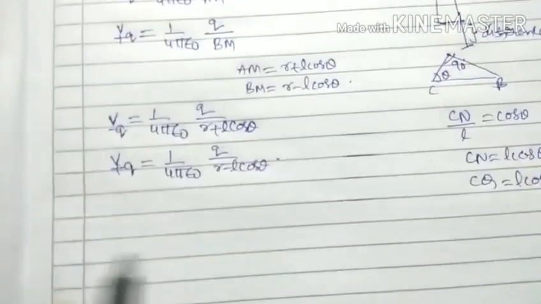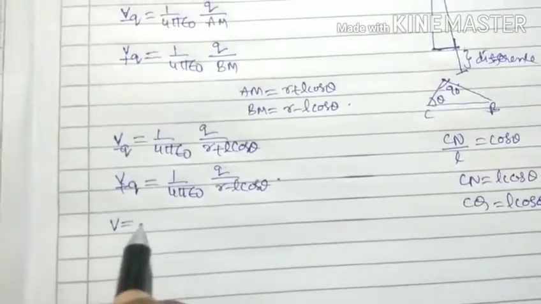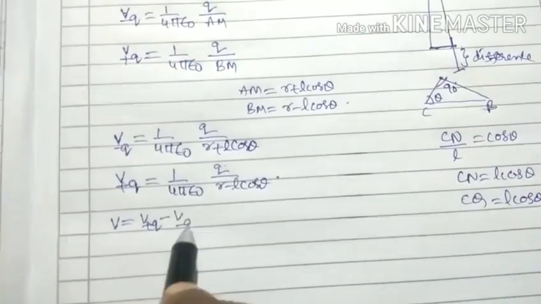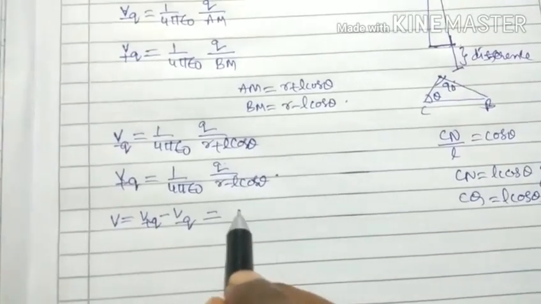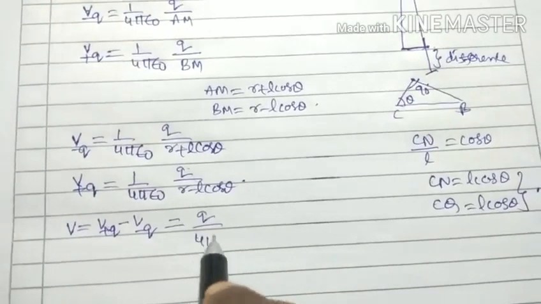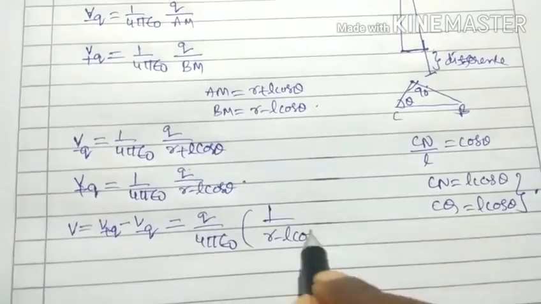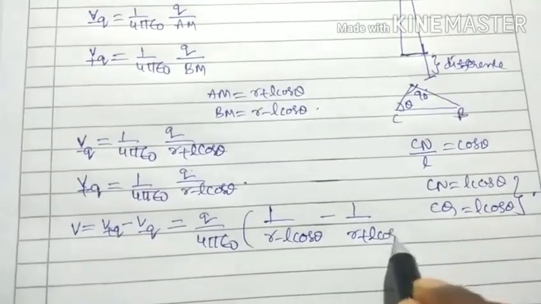From these two we can write the net electric potential V is equal to V plus Q minus V minus Q. So it is Q by 4 pi epsilon naught, 1 by R minus L cos theta minus 1 by R plus L cos theta. Let us simplify it.